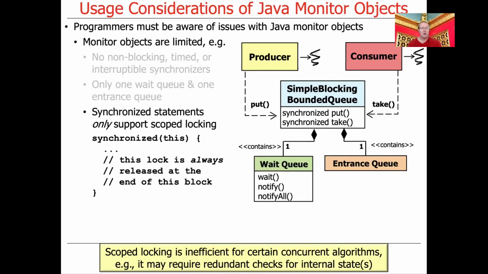Synchronized statements only support scope locking, so as a consequence, the lock is released at the end of the curly brace inside the critical section; it'll always be released. And that is usually what you want, but there are actually certain cases where that's not what you want. For those of you who are going to be implementing the graduate student version of assignment 3B, you'll see that there's a situation where using a reentrant lock is better because you don't have to unlock the lock.